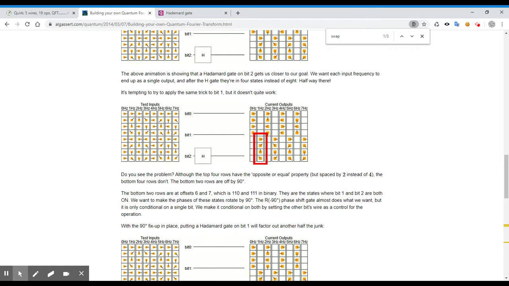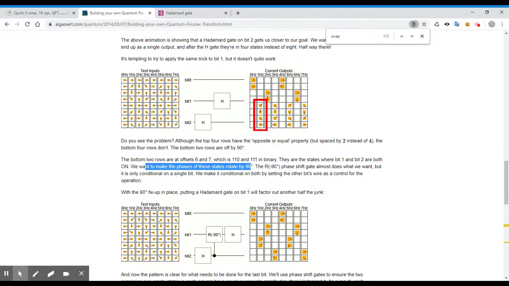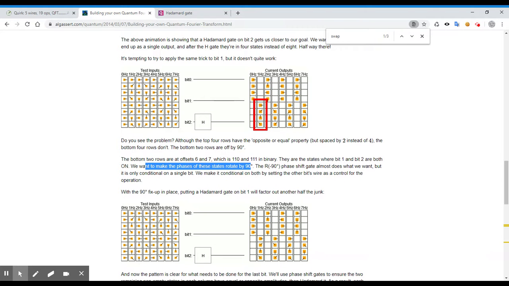We want to make the phases of these states rotate by 90 degrees. A phase shift gate almost does what we want, but it's only conditional on a single bit. We make it conditional on both by setting the other bit's wire as a control for the operation.